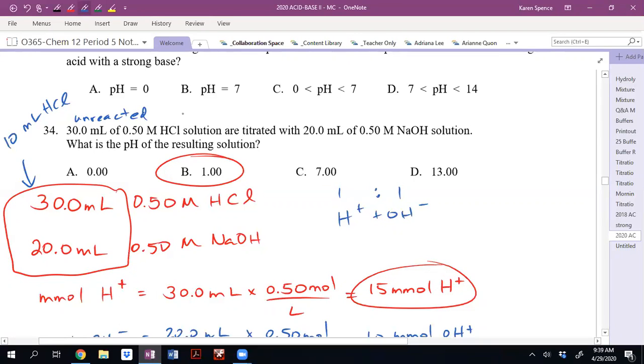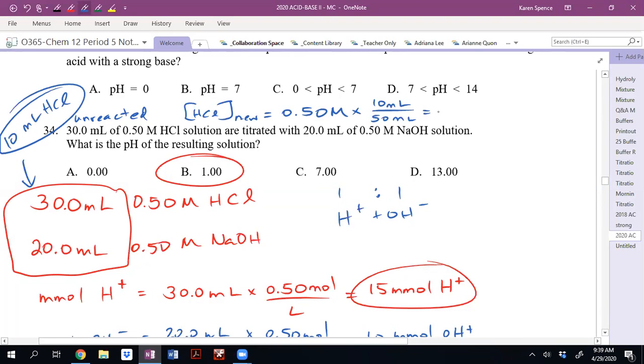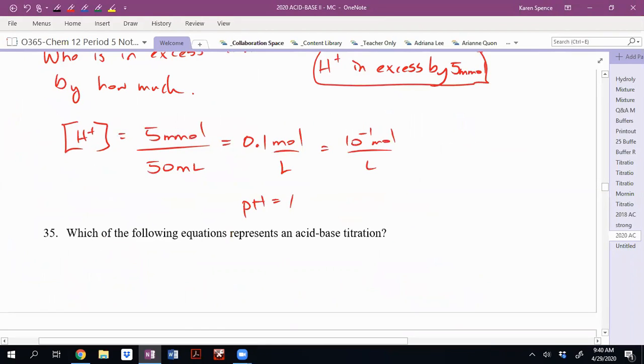The new concentration of HCl is equal to our old concentration, 0.50 molar, times our old volume, which the unreacted volume is 10 milliliters, and our new volume is going to be 50 milliliters, and we will still end up with 0.1.